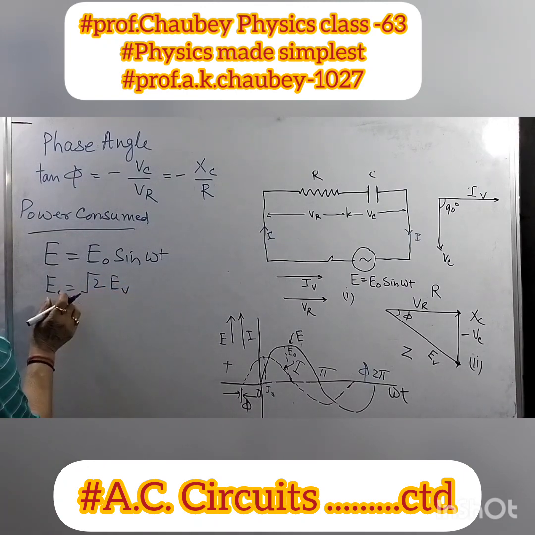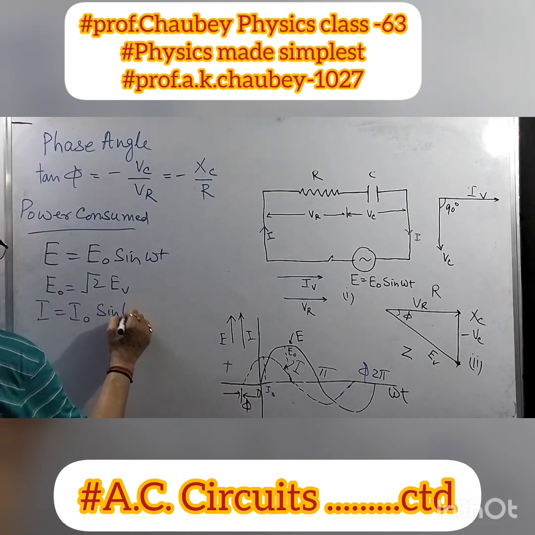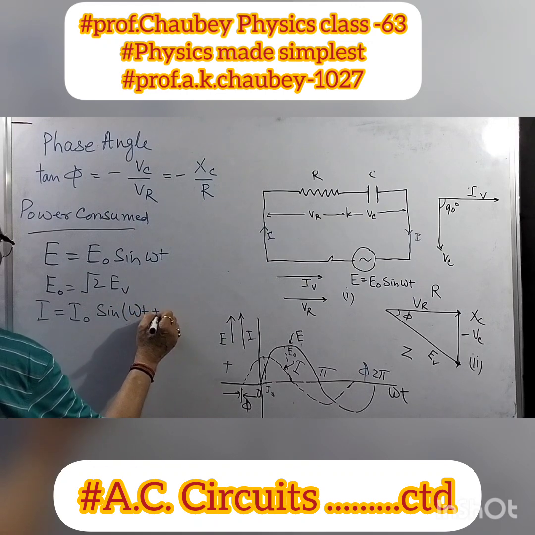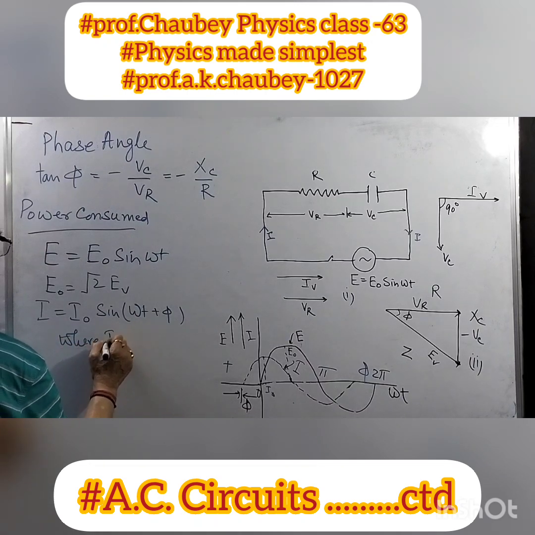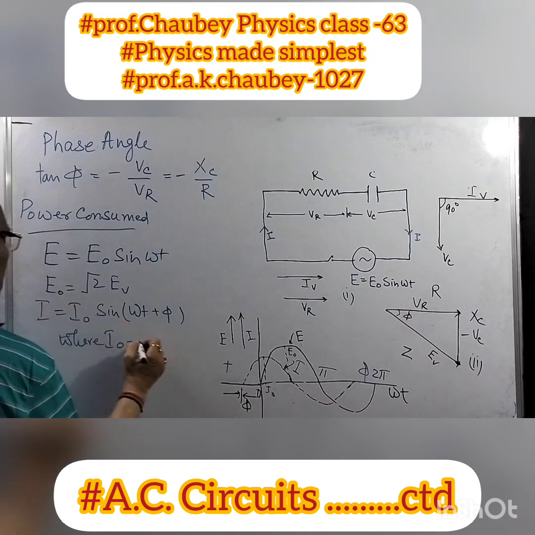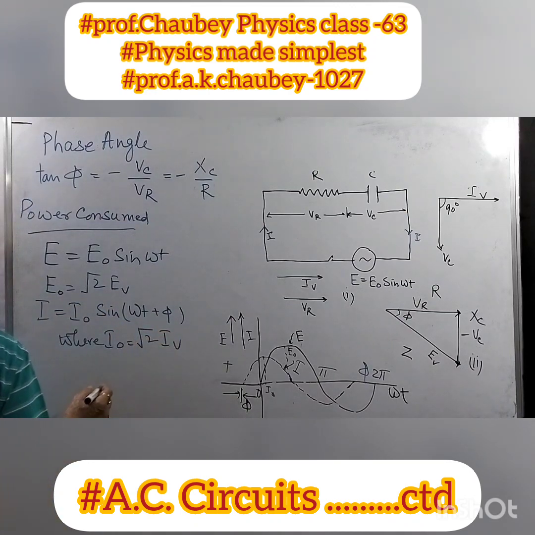RMS value E_V is maximum E naught by root 2. And I is equal to I naught sin(omega t plus phi), phase difference, where I naught is equal to, just like this, root 2 of I_V RMS value.